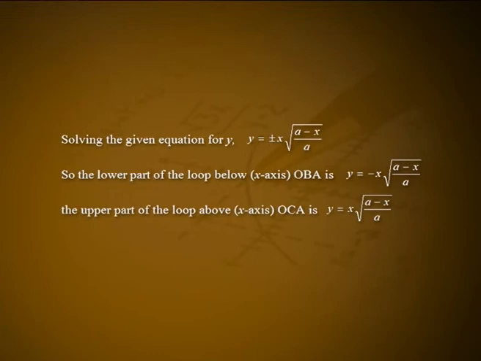Solving the given equation for y, y = ± x√(a − x)/√a. So the lower part of the loop below the x axis, OBA, is y = −x√(a − x)/√a. The upper part of the loop above the x axis, OCA, is y = x√(a − x)/√a.